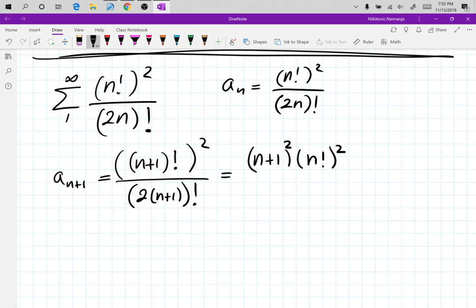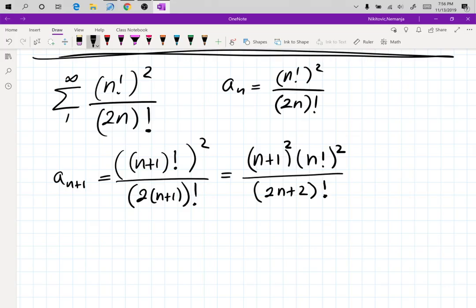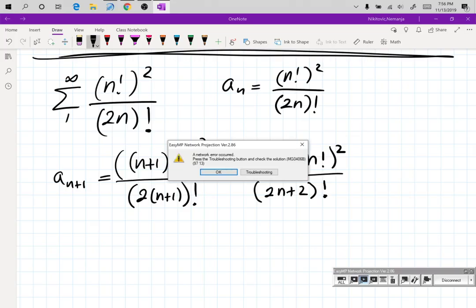Now, in the denominator, we have 2n plus 2 factorial when I distribute. Patience. I will work my magic.